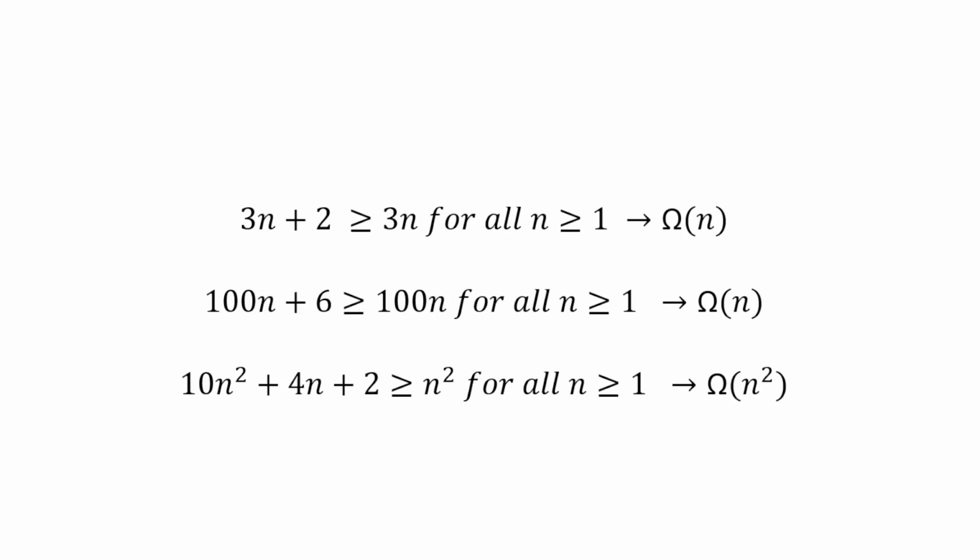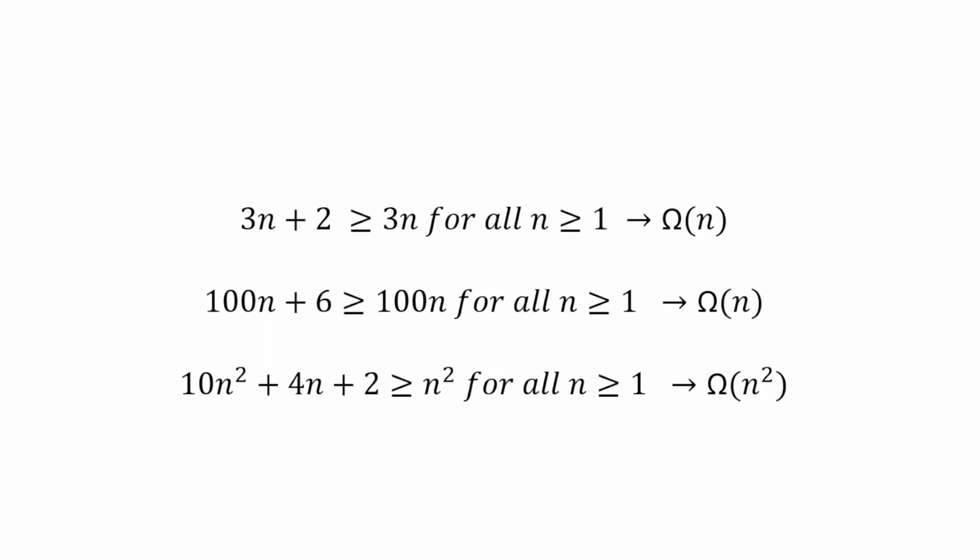Here are a few more examples. 3n plus 2 is greater than or equal to 3n for all n greater than or equal to 1. Hence, it can be represented as omega of n. 100n plus 6 is greater than or equal to 100n for all n greater than or equal to 1, hence can be represented as omega of n.